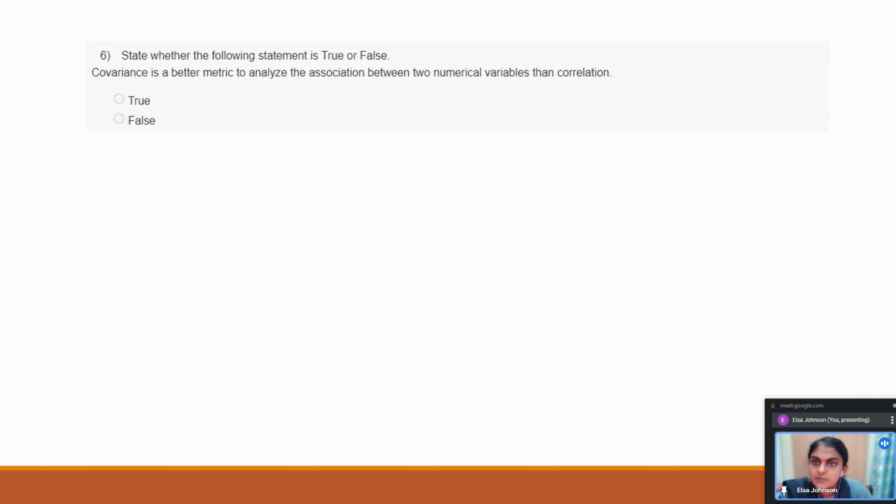So state whether the following statement is true or false. Covariance is a better metric to analyze the association between two numerical variables than correlation. What do you say about that? False. Okay. Rest of you?